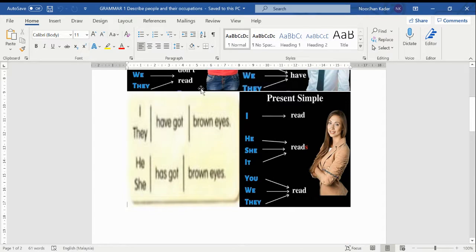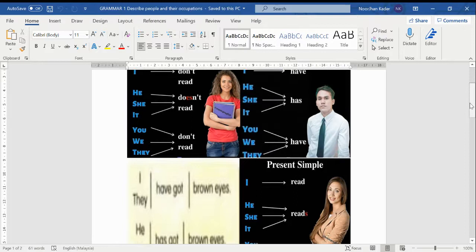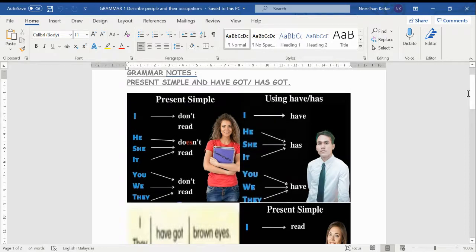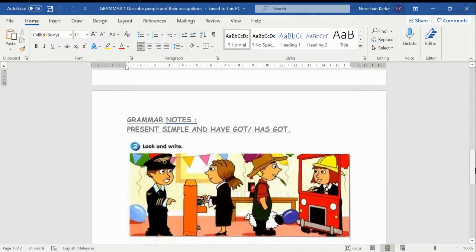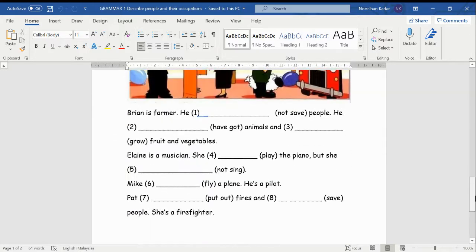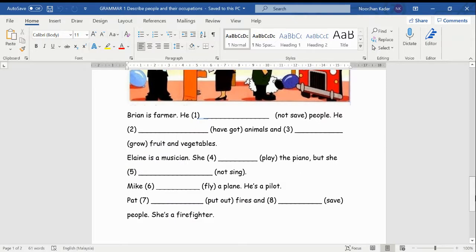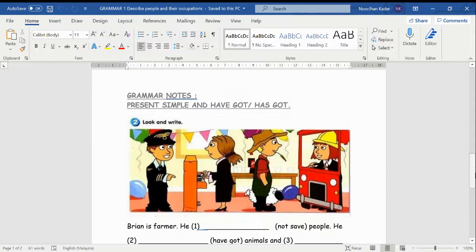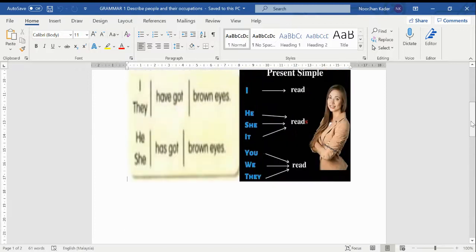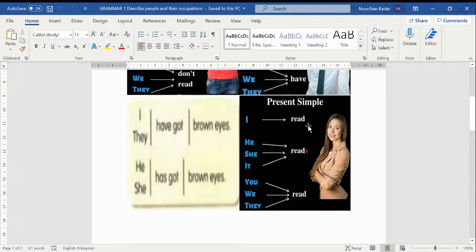That is why I have done the notes in stages, so it will be easier for you to see and use them when you fill in the blanks here to complete the description about these four people and their occupations. The last part is present simple tense where I have the positive verbs.